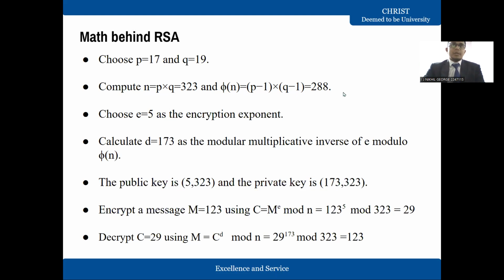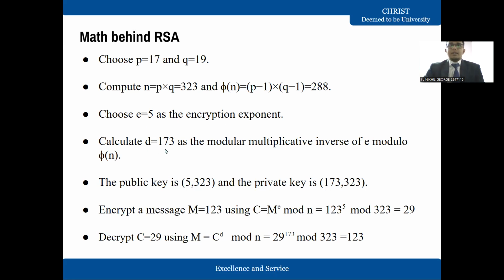When you calculate, you get 288, and then choose an encryption component. Your encryption component E will be set as your public key. That's what you'll be using for encryption.